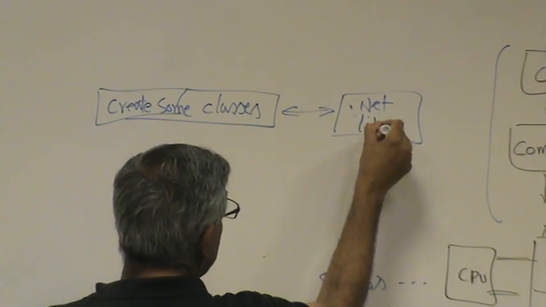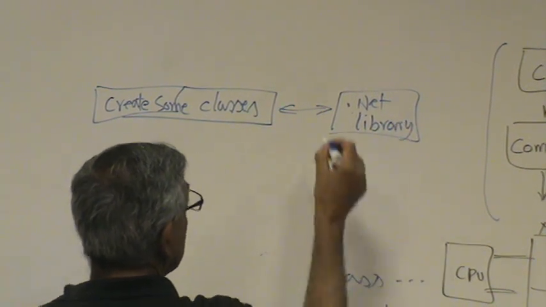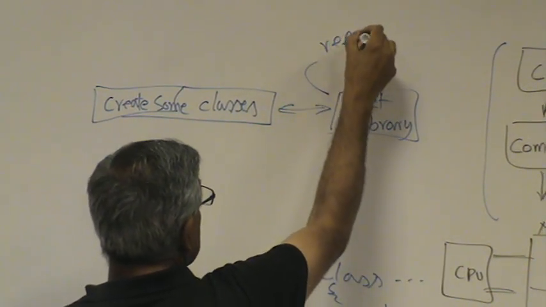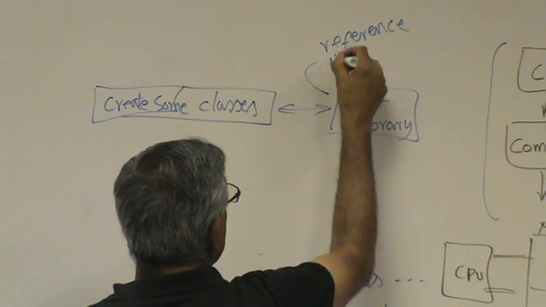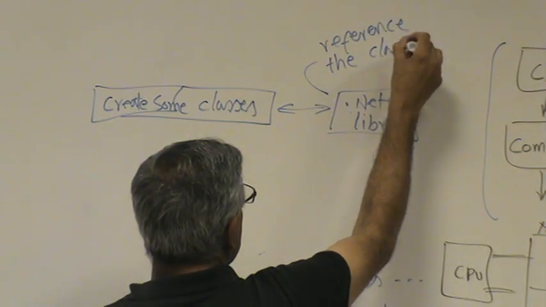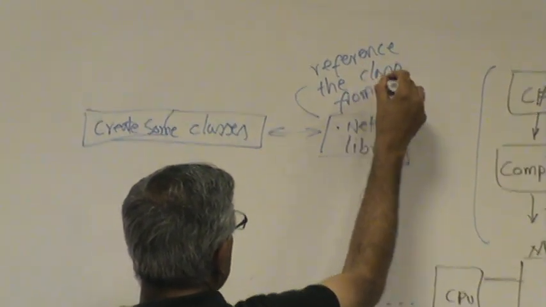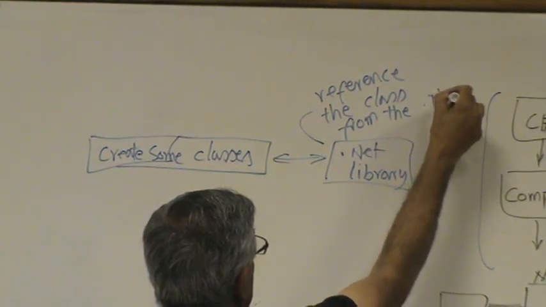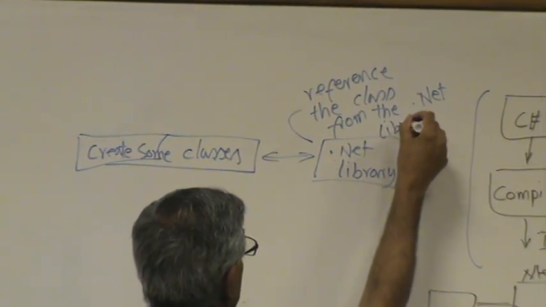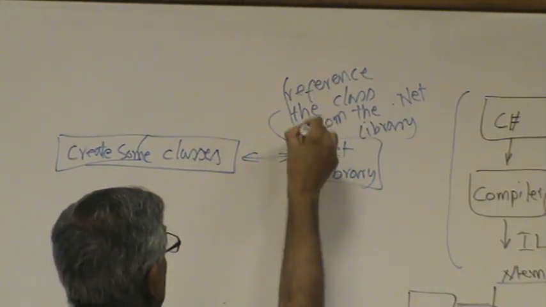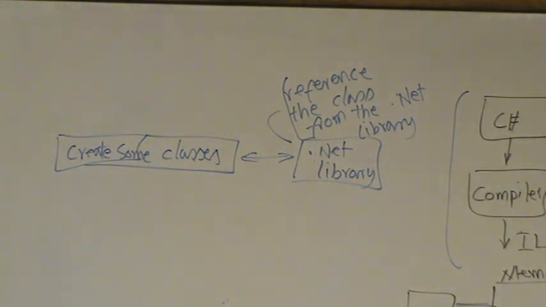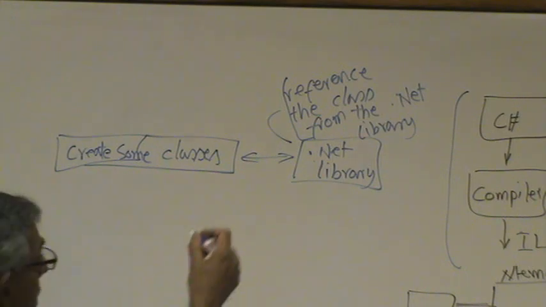These are pre-created for us. What we do is we reference the class from the .NET library. So the terminology that we use whenever we need to pick a class from the pre-created library is called reference.